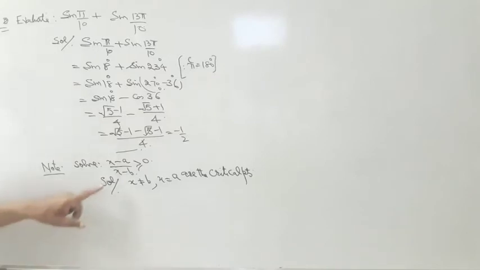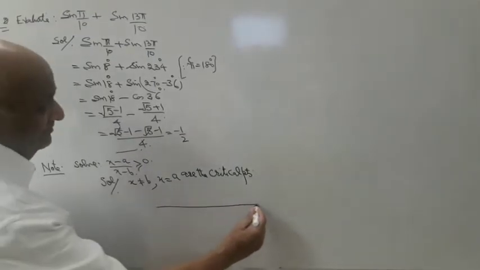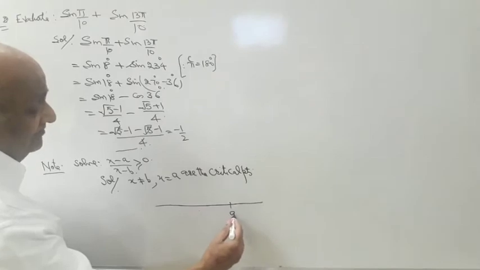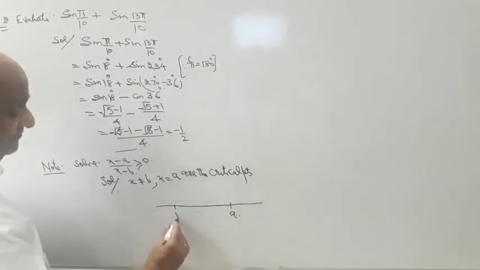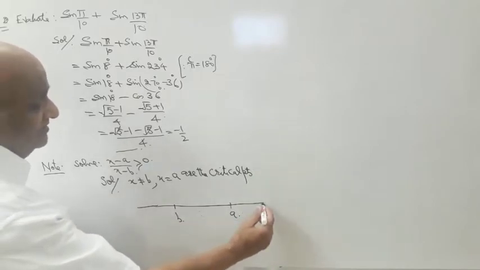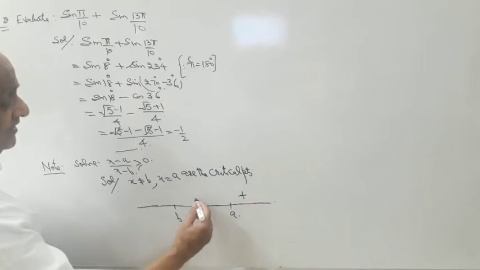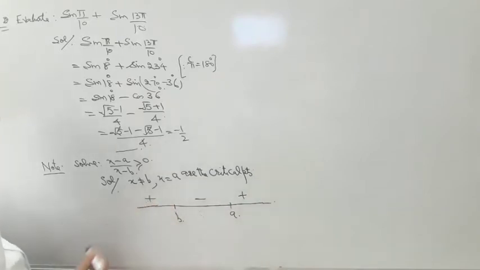Therefore, x minus b cannot be equal to 0, meaning x is not equal to b, and moreover x is equal to a. These are the critical points. So I take up here a, and here b. It is coming from minus infinity, and the portion is divided into 3 parts: plus, minus, plus.